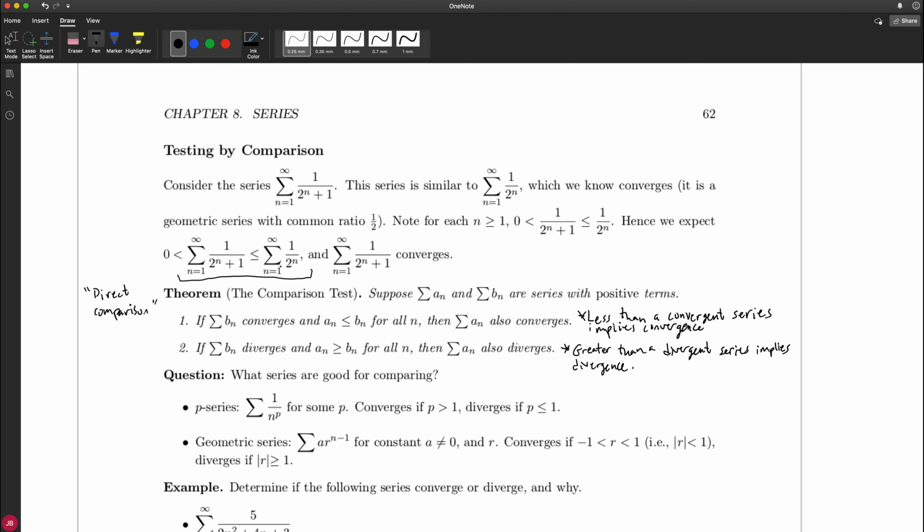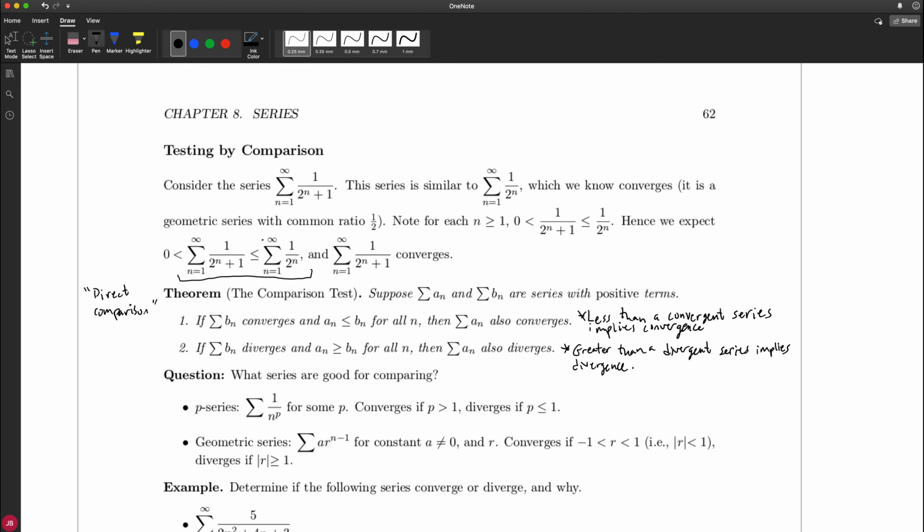Okay, so since we know that the sum of 1 over 2 to the n starting with n equals 1 and then going to infinity, that sum is actually dead on equal to 1. By direct comparison, this sum must also converge, right? Because it's less than a convergent series. And we saw the same thing with integrals way back in chapter 6.